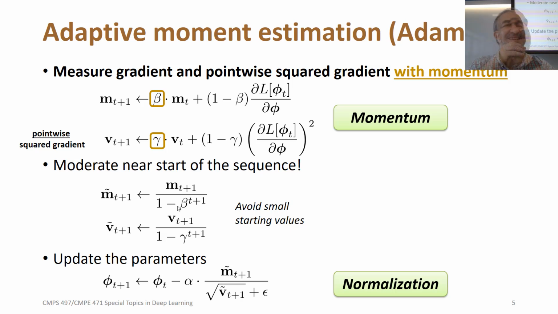Okay. And Adam, by the way, is the very widely used optimization algorithm. By the way, all the algorithms that we discussed, previous lecture and this one, they are called optimization algorithms. So Adam is the most widely used one now. It's kind of the default optimization algorithm used for training neural networks.